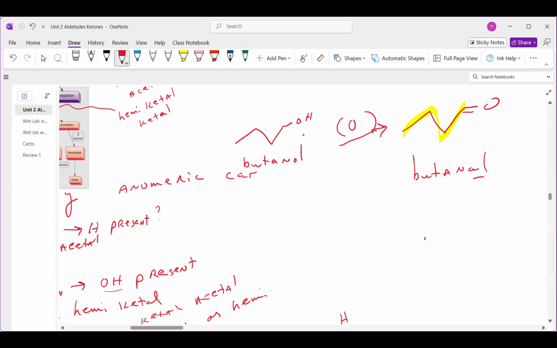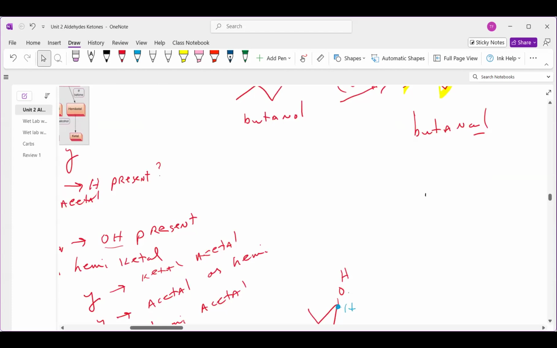In an oxygen environment. And that would be something you're going to run into Thursday. Look at this reaction.